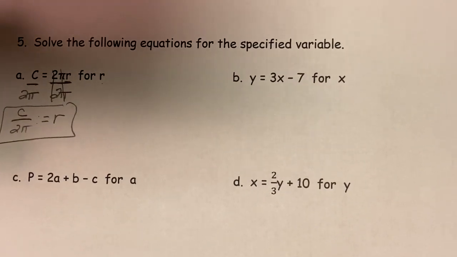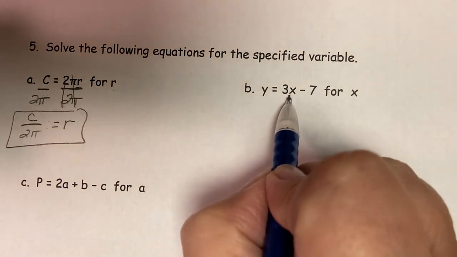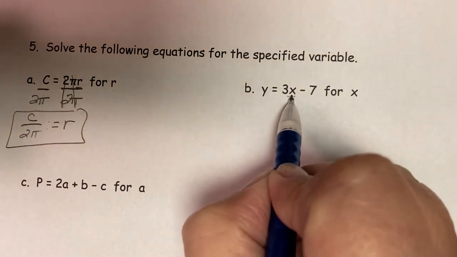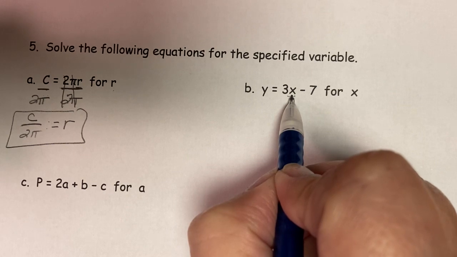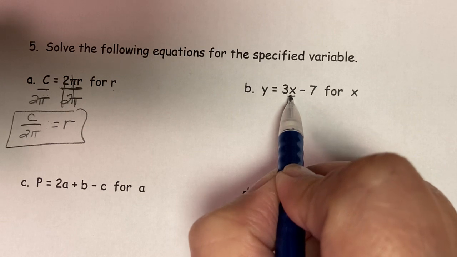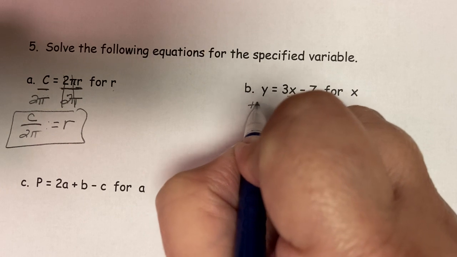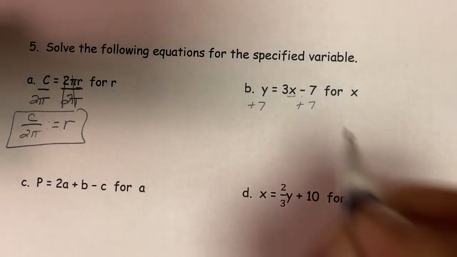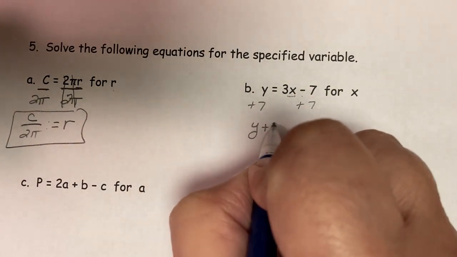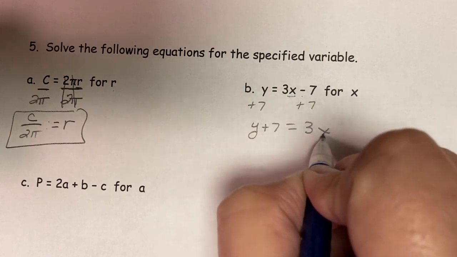So let's look at B. We want to solve this equation for x. So we want to get the x alone on one side. Well, the first thing we would have to do, because remember what our steps said, there's no like terms to combine. So you first use your addition property to try to get the x alone. So what's being subtracted here? 7. So we are going to add 7 to both sides of my equal sign. Now on the left, those are not like terms. I can't literally combine them.